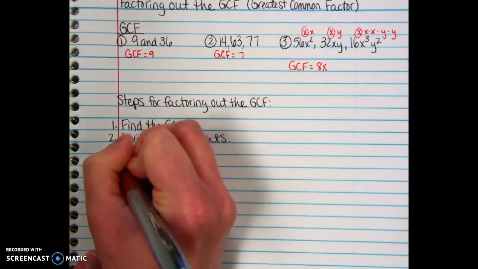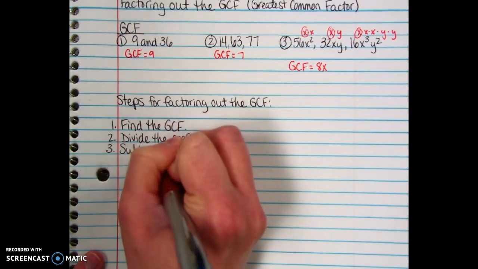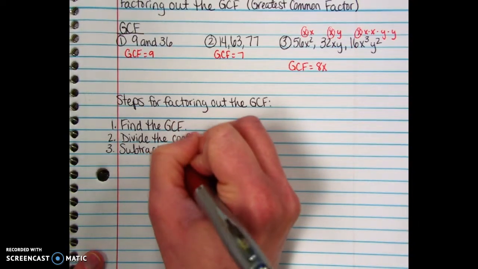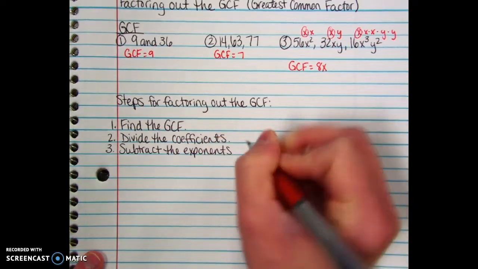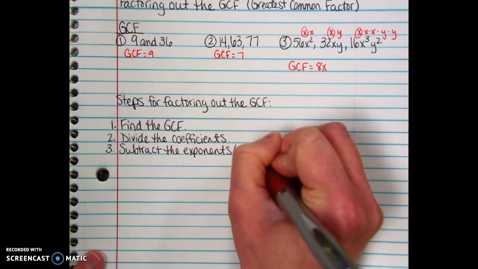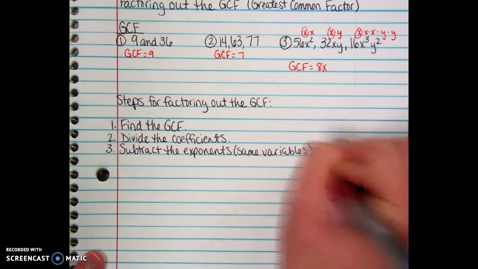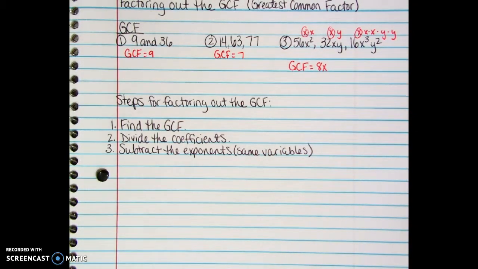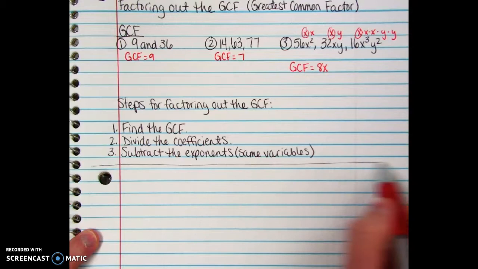And step 3, subtract the exponents of the same variables. Okay, and that will probably make more sense once we do a few examples. I have 5 examples to do, so make sure you get those 3 steps written down.